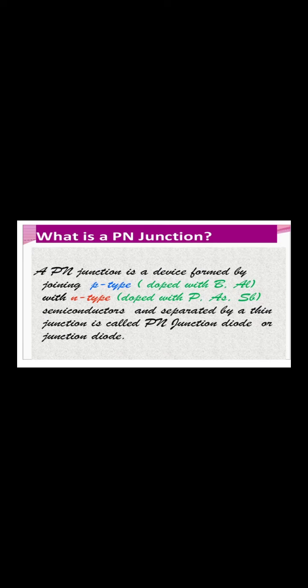So the question comes to your mind, what is meant by a PN junction? A PN junction is a device formed by joining p-type material with n-type material, such as gallium arsenide and other semiconductors, separated by a thin junction.